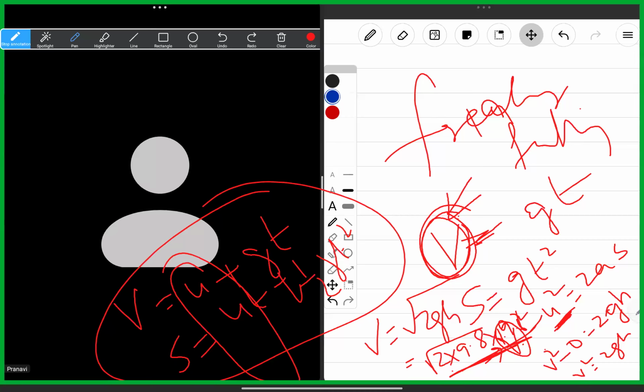We remove the square root, and the velocity is equal to 19.6 meters per second. That is the velocity finally when it hits the ground. Actually, when it touches the ground, it will have that velocity. Yes, sir.